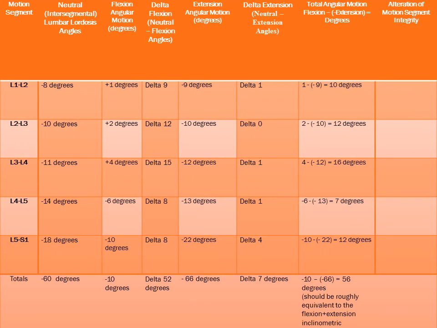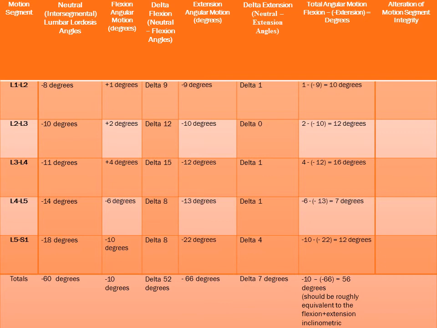So here on our chart, I've calculated the total angular motion, which is the motion of each individual motion segment in moving from the extreme of lumbar spine flexion to the extreme of lumbar spine extension. So we use the equation that total angular motion equals the flexion angular motion minus the extension angular motion, and keep careful track of your positive and minus signs.